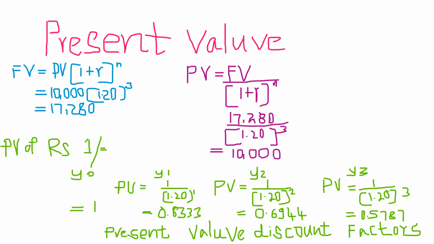When you go into year 1, that is one year after, you divide 1 by 1.20 into the power 1, and you get something lesser than 1, that is 0.8333, because the rupee depreciates. Likewise, you will have year 2, 0.6944, and year 3, 0.5787. This is what you call present value discounting factors.